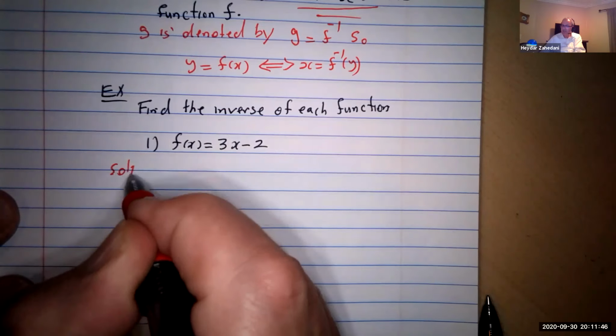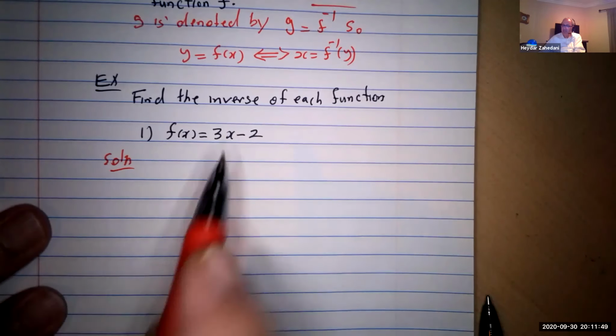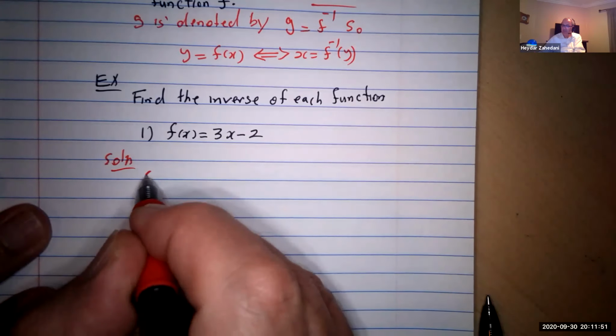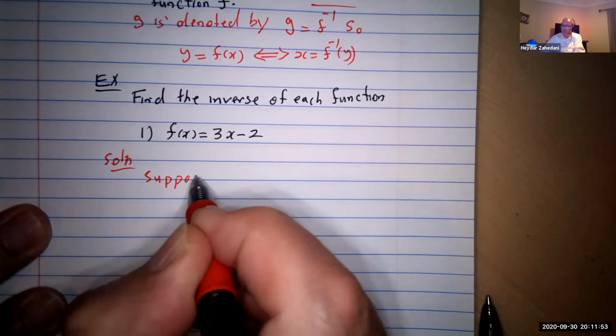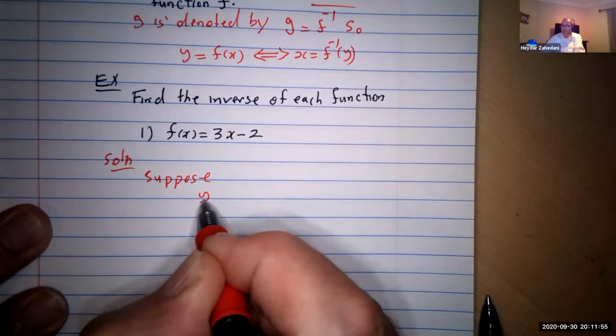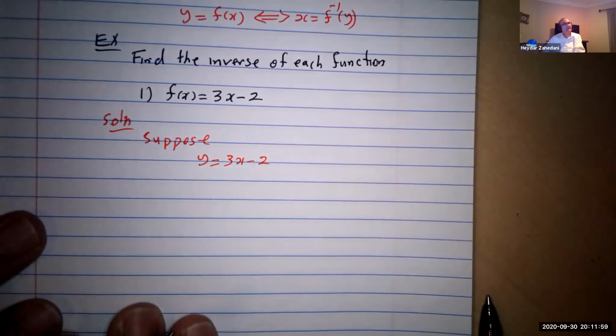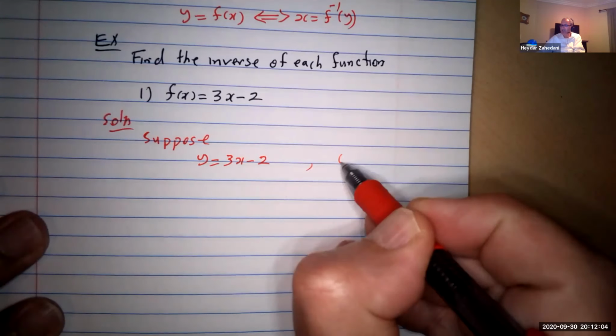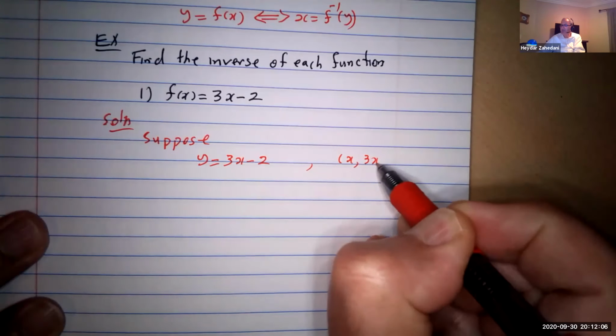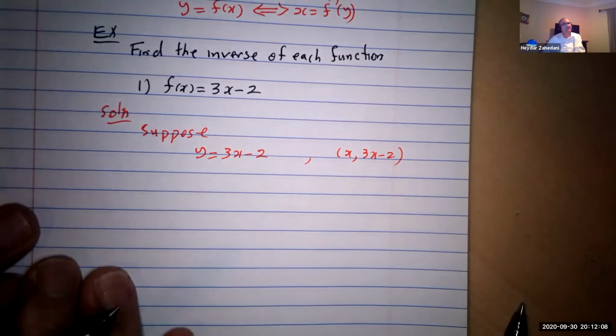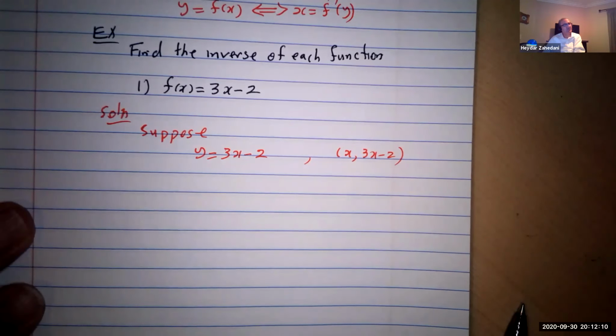Solution. Rewrite this one. Suppose you call this y equal to 3x minus 2. Remember the ordered pair that we talked about? This is your ordered pair. You see, you have x comma 3x minus 2. That was the setup ordered pair. Now we want to switch.